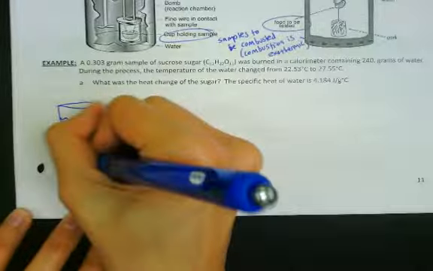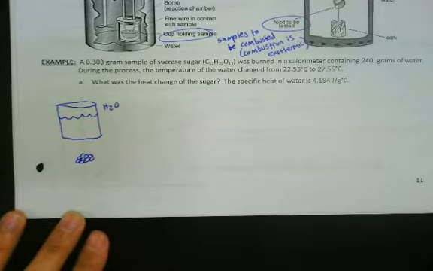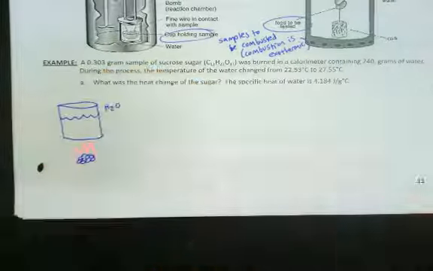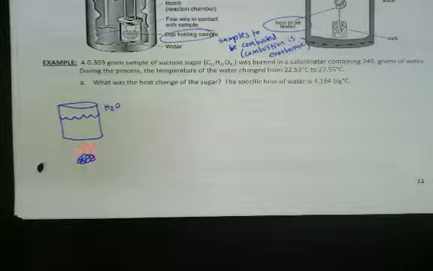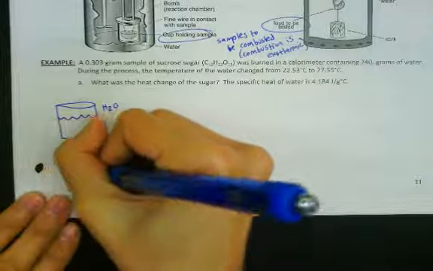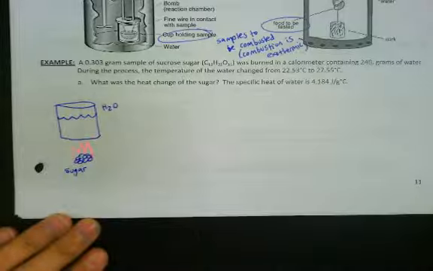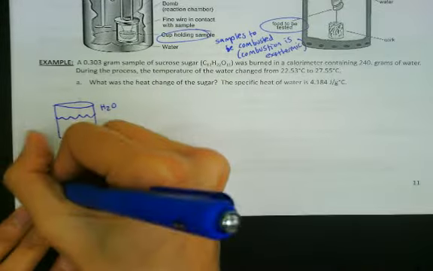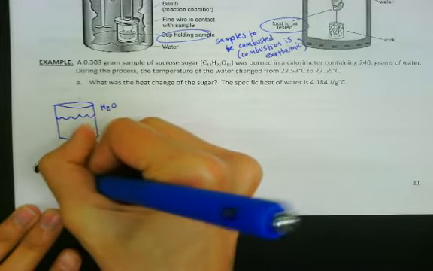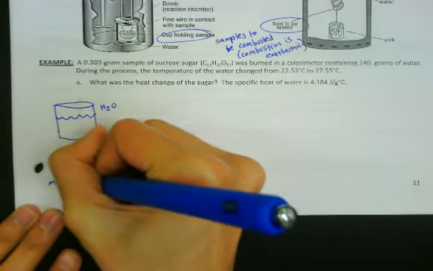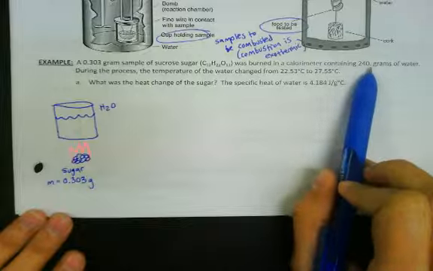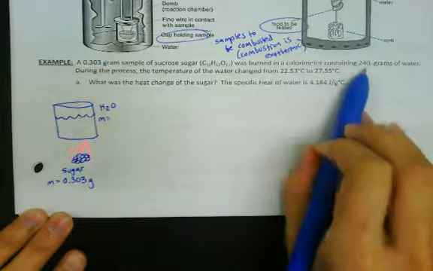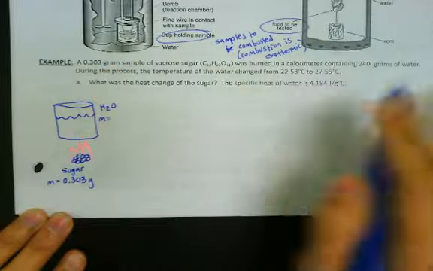And we have a sample of sugar, in this case it's sucrose, that's being burned. And we know some information about this whole setup here. We are told we have 0.303 grams of sucrose, so the mass of the sucrose there. We're also told some information about the water. We're told that we have a mass of 240 grams of water.